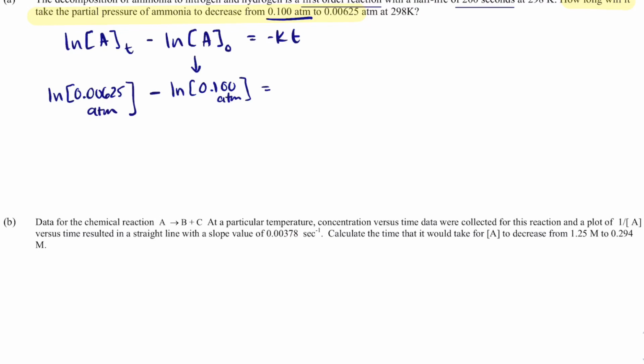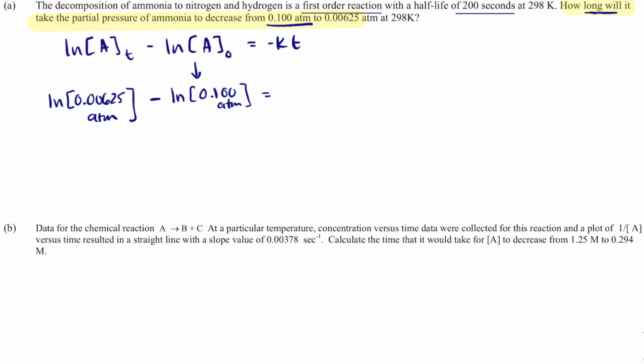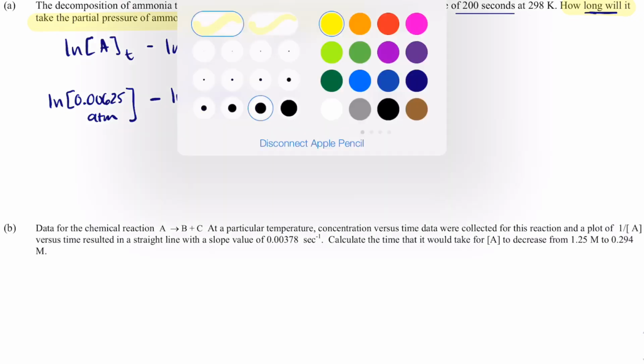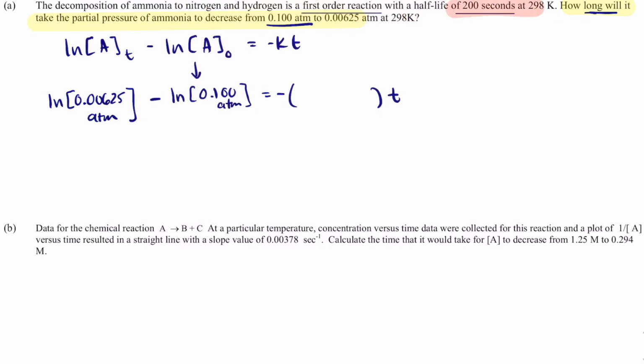We're not given K, but we're asked to solve for time. How long will it take? So I must have to solve for K here, and I'm going to put parentheses, and then time is what I'll ultimately solve for. And what you may notice is that I haven't used the half-life yet.